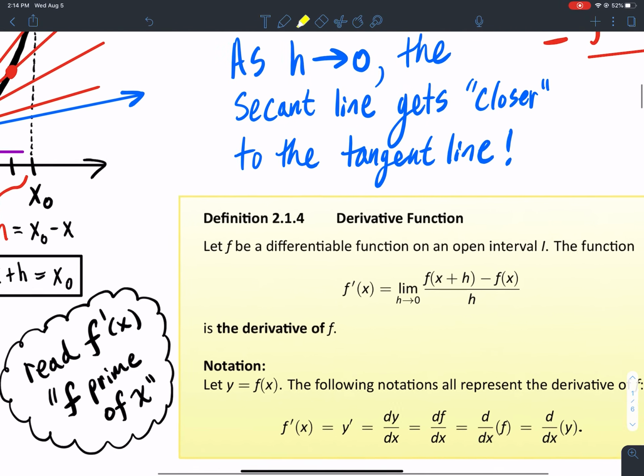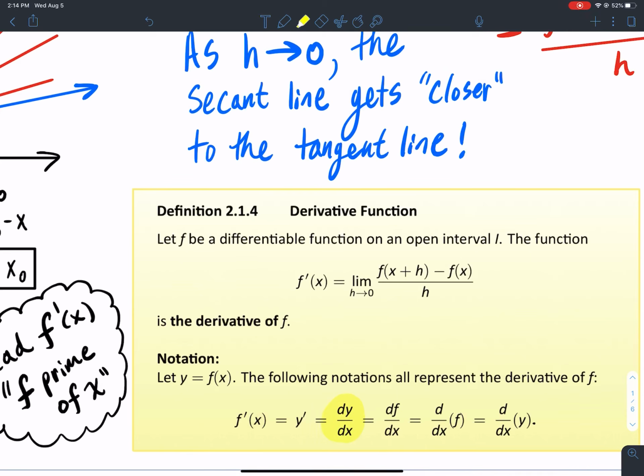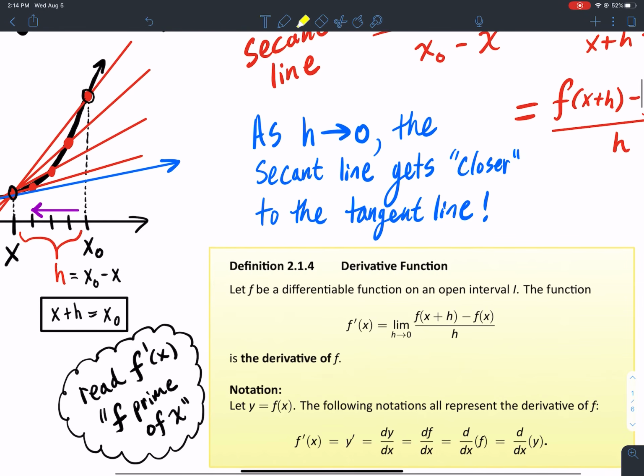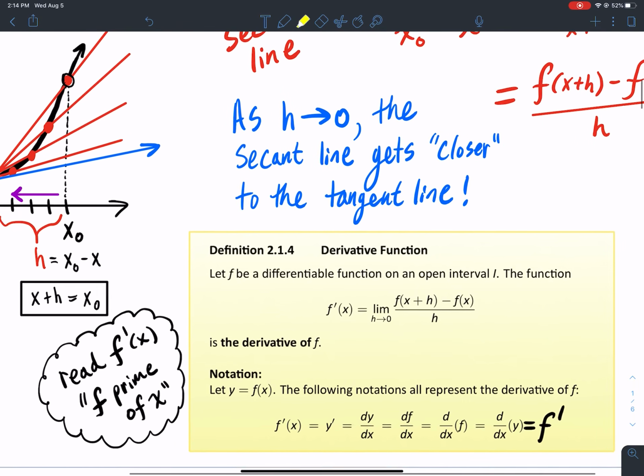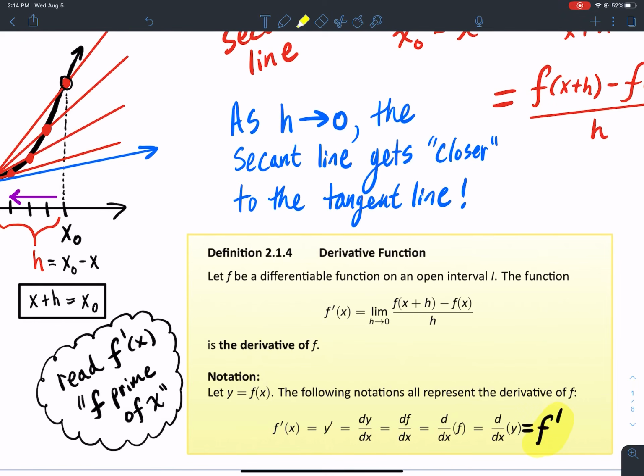Okay, so I would read this, the derivative of y with respect to x, dy dx, okay? Y prime, f prime of x, okay? So just a lot of little different things there. You could also just say f prime too, a little bit less formal. It's a little more informal, but it'll work too as long as you don't need that x in there for some reason.